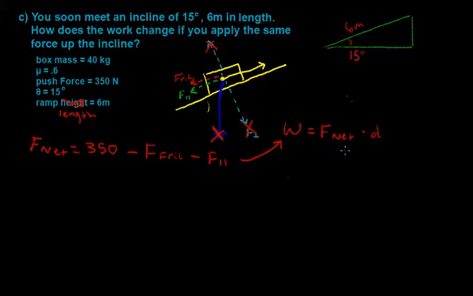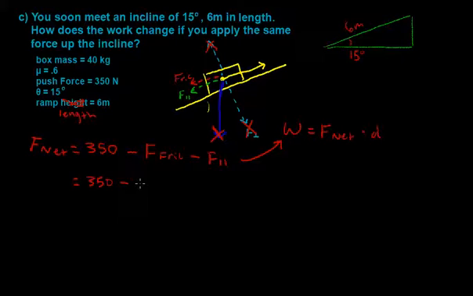No trigonometry there. But we will have to do a little bit of trigonometry to get our friction force and our parallel component of gravitational force. Because we are sitting on a ramp, and at this angle our friction force has changed because our normal force has changed. So that's the very first thing we're going to worry about.